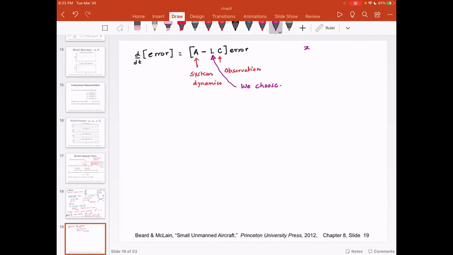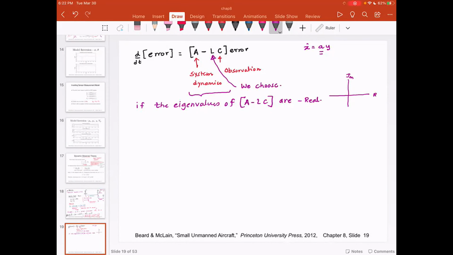So I'm going to give you an equation, say x dot is equal to Ax. So if the eigenvalues of A minus LC are negative real or in the left half, so we talked about it, this is the imaginary axis, this is the real axis, and they have negative real values, then the system e dot is equal to (A minus LC) e is asymptotically stable.